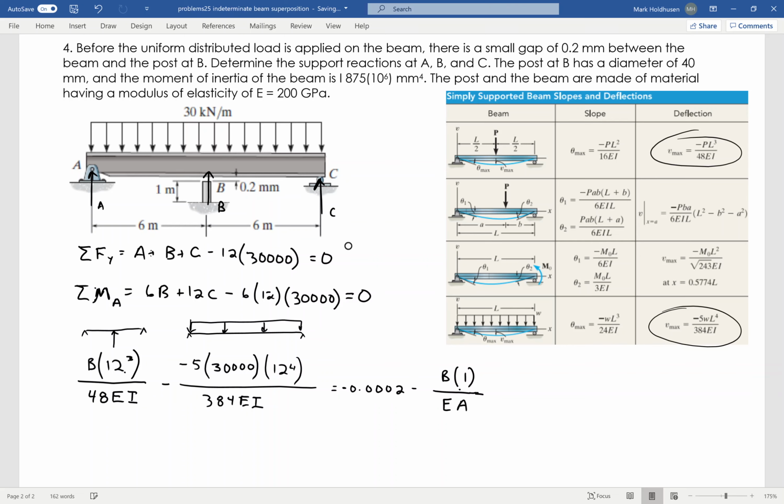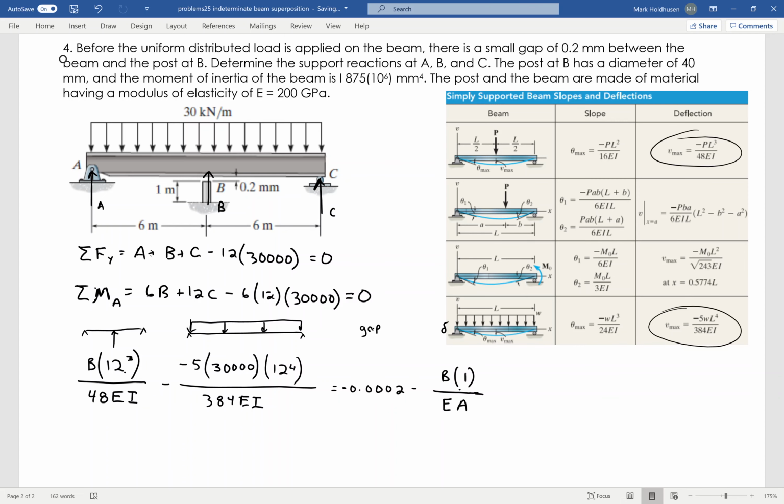This is that gap, right? This is the gap, and this guy over here is delta. So that's where that all comes from. And notice it's just one big equation with B in it. Oh, and these are different E's. That's a big problem, although everything's made of steel.